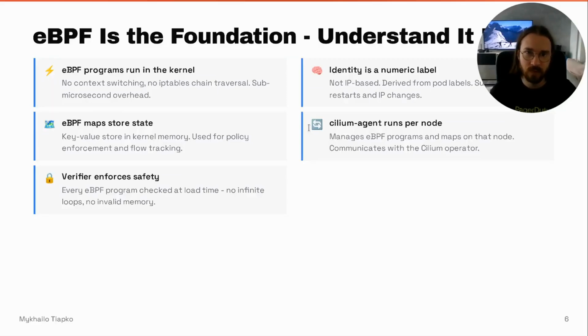Third, Cilium uses a numeric identity derived from the pod labels, not IP addresses, to enforce policy. The wrong answer is always thinking that policy uses the pod's IP, which sounds reasonable until you remember that pod IPs change on every restart, and Cilium's model is built precisely to avoid this dependency.